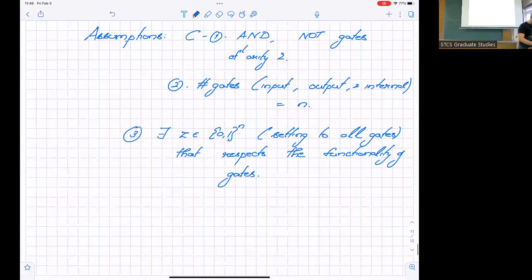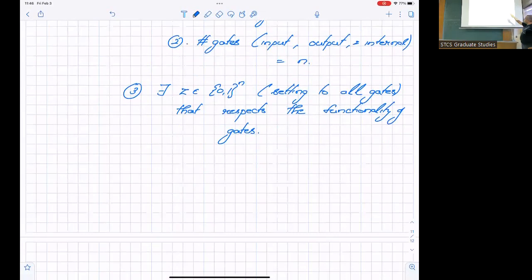So how am I going to do this? It will be easier for us to write this in terms of ANDs and NOTs, and better to write it in terms of polynomials. So the condition that respects the functionality of all gates, we will check by having a polynomial constraint corresponding to every gate.